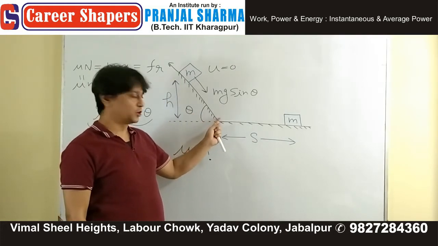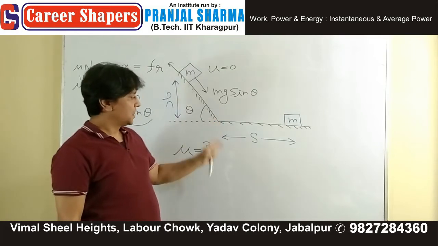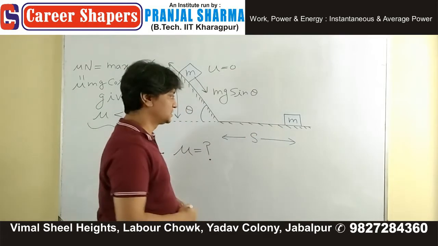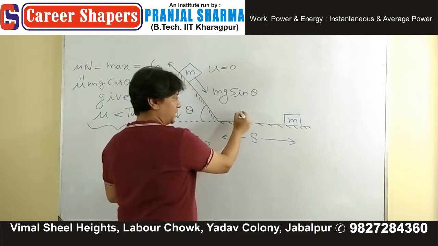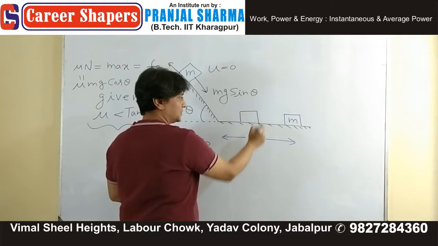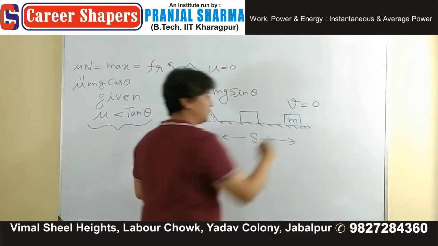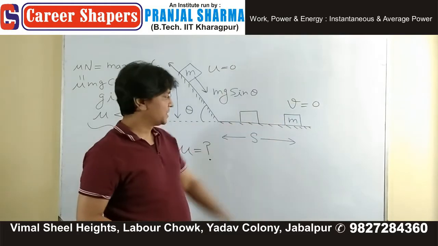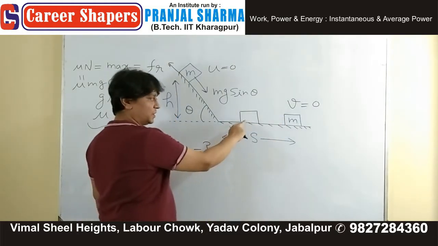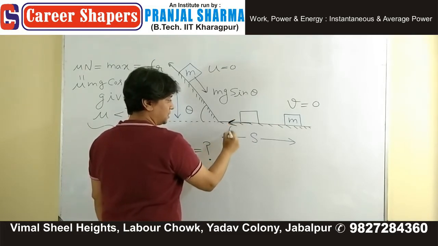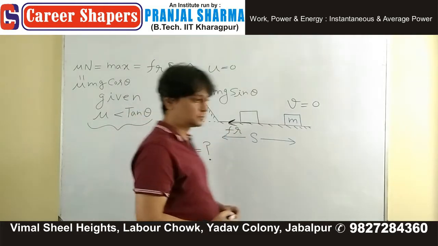Find out its velocity over here. And then when it is on the horizontal surface, somewhere over here, it will finally come to rest at this point. V becomes zero over here. So when it is over here somewhere, friction will be acting in this direction.